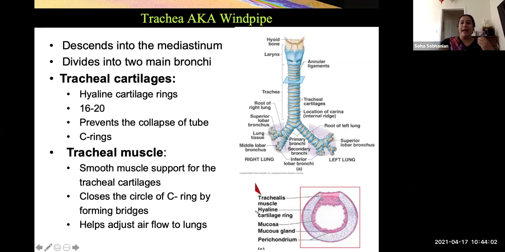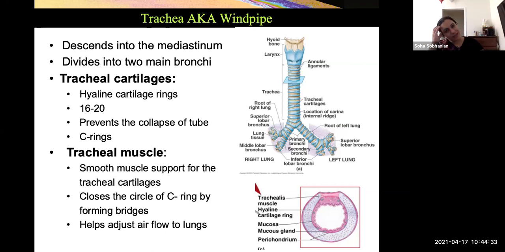The reason that it has that capacity is these blue rings that you see. If you look at it from the top view, they are shaped like a C, or a horseshoe if you want to call it that. That's the cartilage, and they are called hyaline cartilage rings. Again, the blue structures that you see here, versus the same thing here from the superior view.